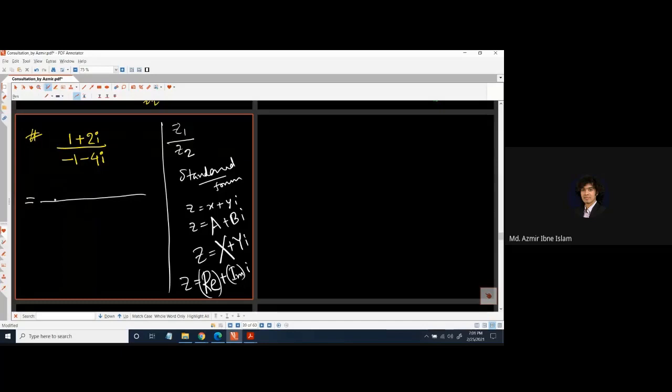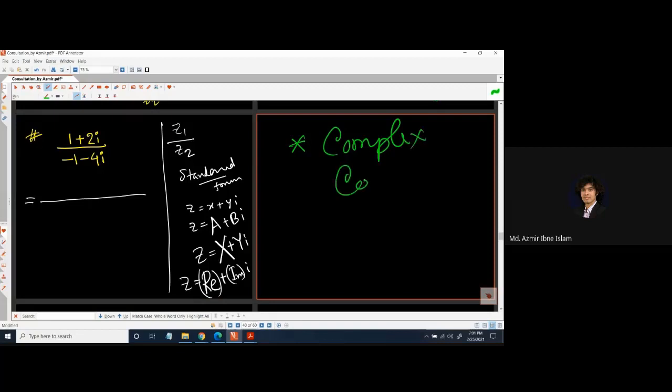Try to have a look here. So we had -1 minus 4i. Here comes another important thing that we have to know about: the complex conjugate. So what is a complex conjugate? Suppose we have a complex number Z equal to X plus YI. The complex conjugate is normally denoted by Z bar.